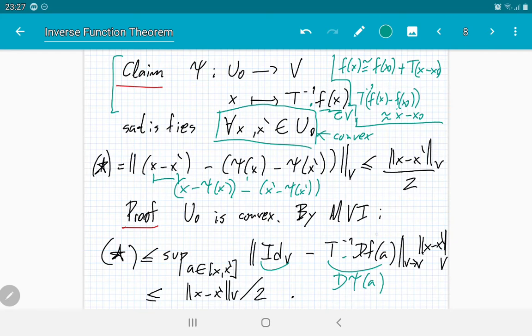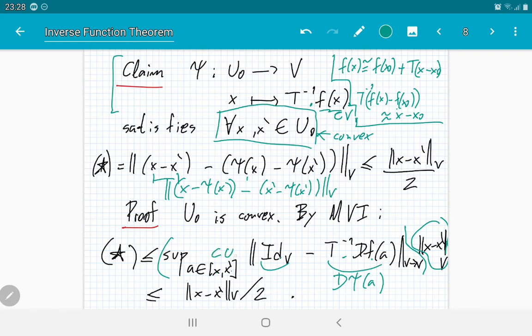So, okay, what does the mean value inequality give us? Well, I'm looking at the differences between values of a function. I can say this is at most the distance between the two points where I'm computing the function, times the sup of the derivative over the line segment connecting x to x prime. Well, that's identity minus t minus 1 df at a, and in the last slide, we chose our ball u naught, right?